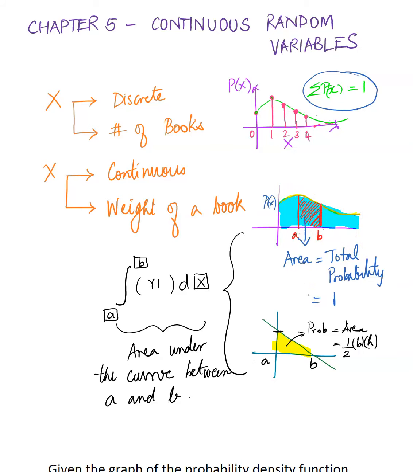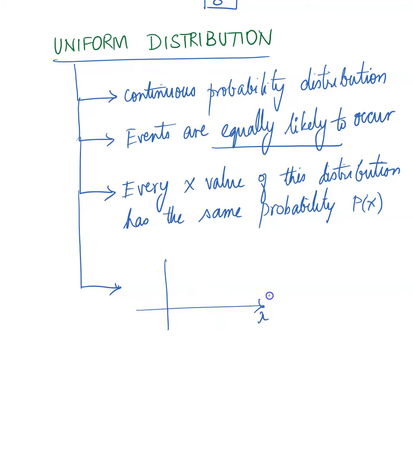So what is the situation mathematically where you have all the values having the same probability? If all X's, and this is P of X, if they all have the same value, the only way that's possible is if the graph of a uniform distribution is a horizontal line. Meaning it's not a wavy curve or some kind of a parabola or polynomial, but it's a horizontal line.